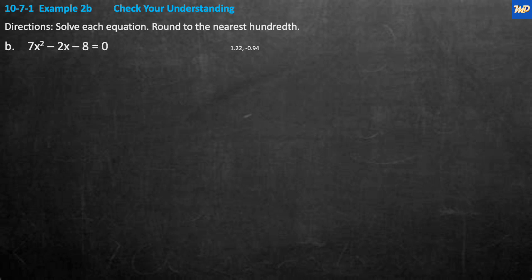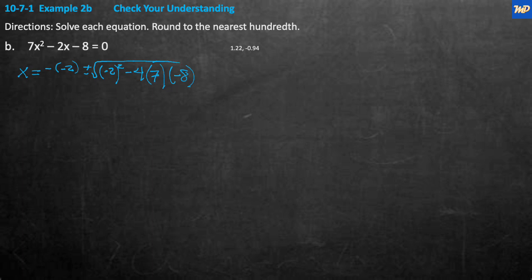So we're going to start off by writing the quadratic formula and filling it in as we go. So it's x equals minus b, and b is minus 2, so minus a minus 2, plus or minus the square root of b squared, minus 2 squared, minus 4 times a, which is 7, times c, which is minus 8.